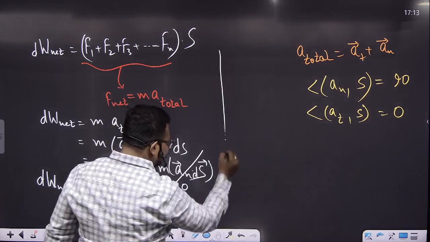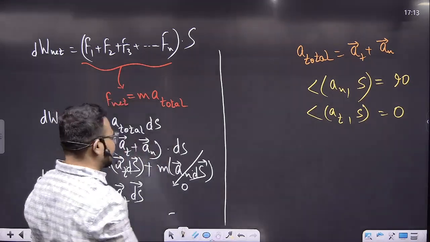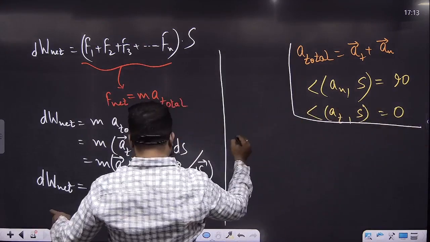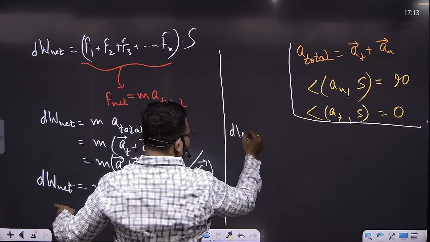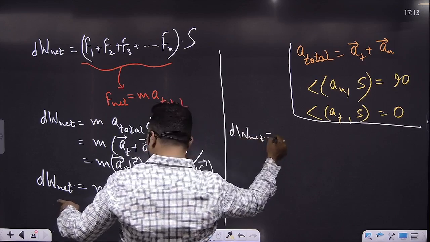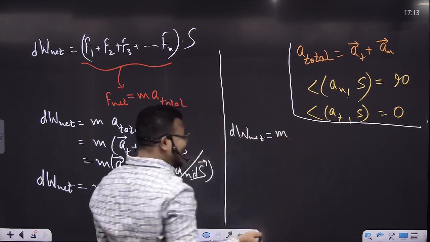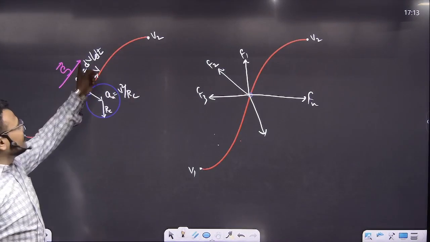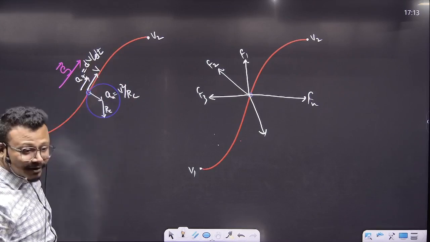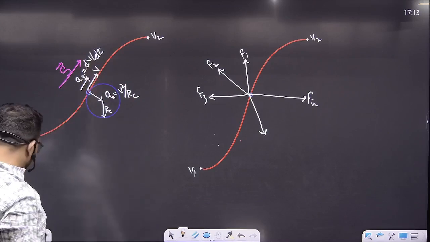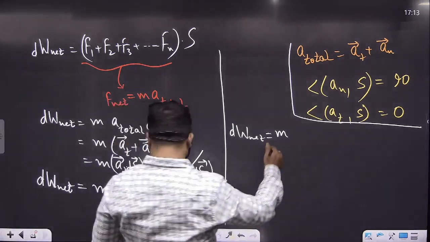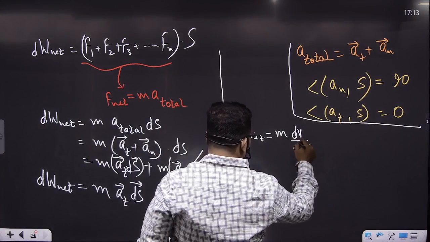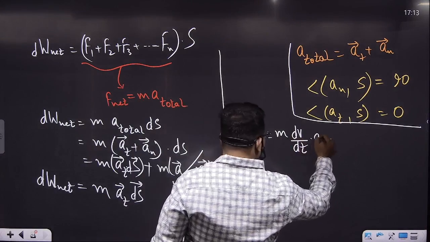Now, AT what we know? D net work done is equal to M into AT ds. AT was what? See here, dV upon dt. So in the place of AT we can write dV upon dt dot ds.